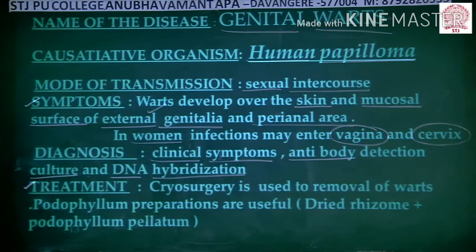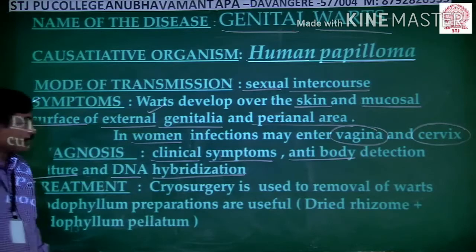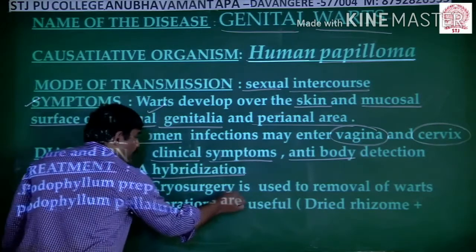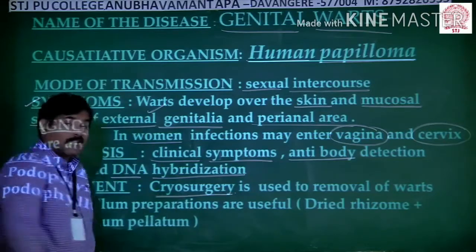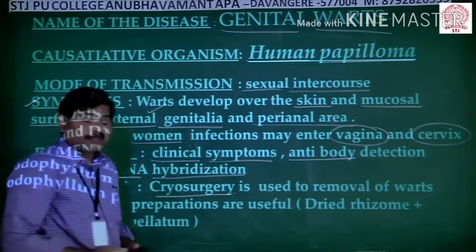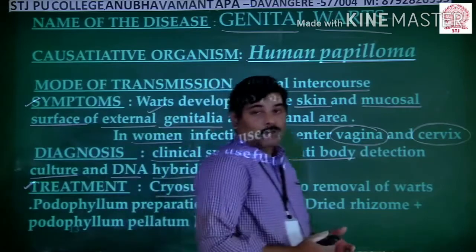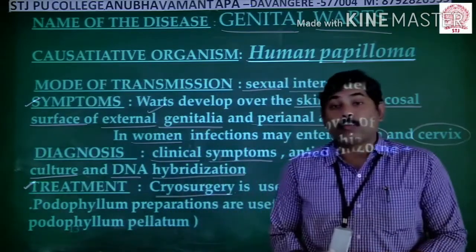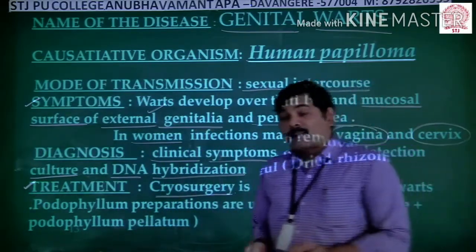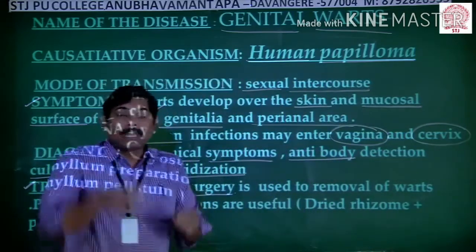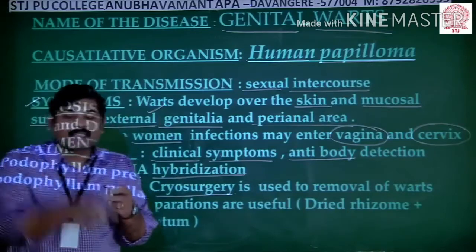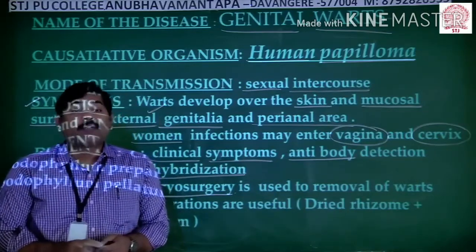Thereafter, the treatment. What is the treatment for this? This is an important point that you need to observe. Cryosurgery. In your earlier sessions, you might have studied or heard about cryopreservation, which means preserving the gametes at a very low temperature in liquid nitrogen.